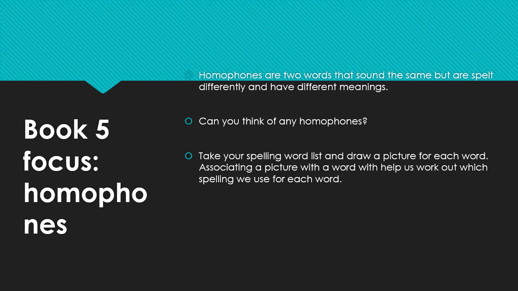What I would suggest is, when you have your spelling word list, draw some pictures for these words. So if you're writing the word wood, maybe you could draw a tree trunk or a stump, or just a piece of wood, and then write the word wood on it.